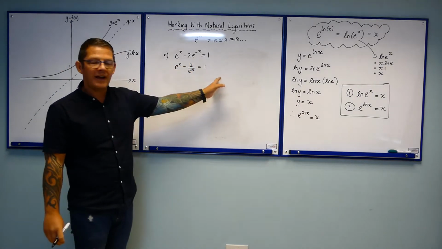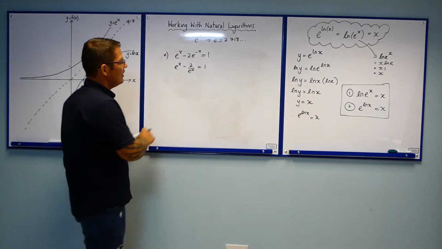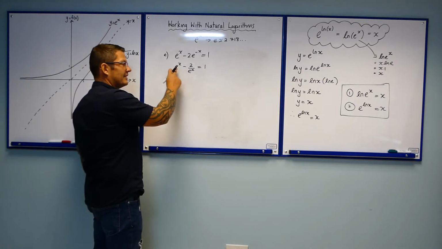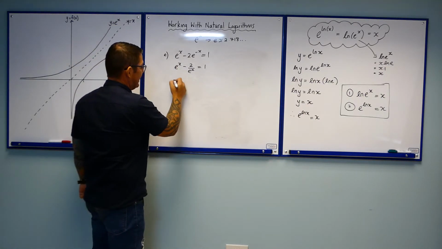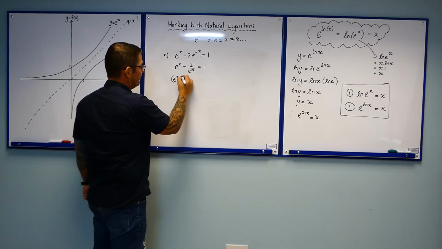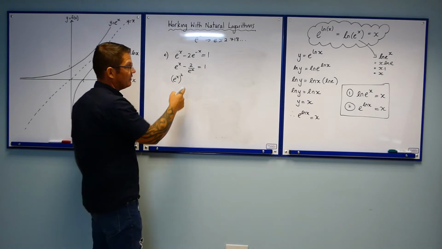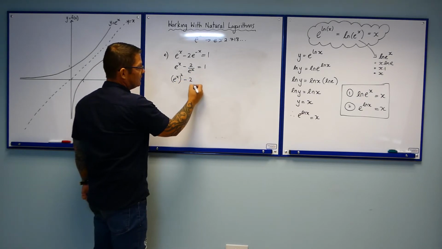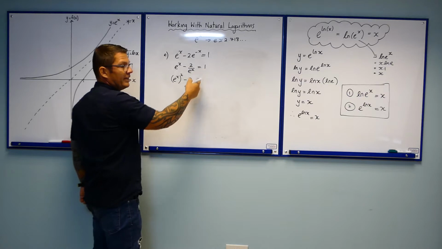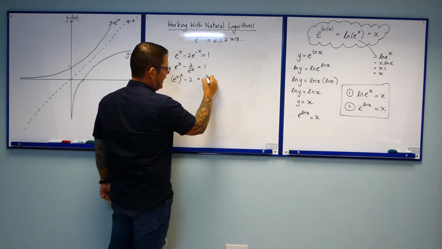Then I'm going to multiply every term by e to the x. What I get on the first one is e to the x times e to the x, or e to the x squared. The next one, when I times it by e to the x, will cancel with the e to the x on the bottom, and I just get minus 2. There's my equals, and then 1 times e to the x is just e to the x.